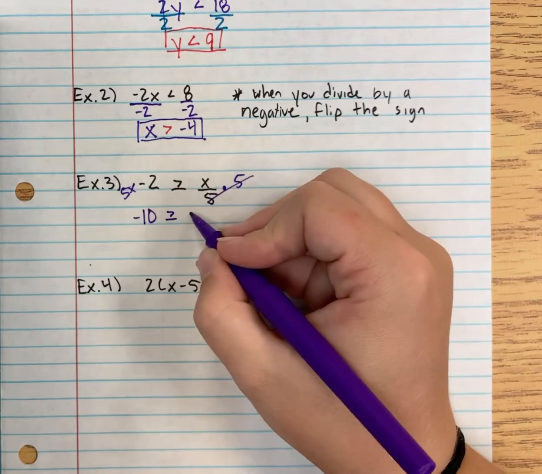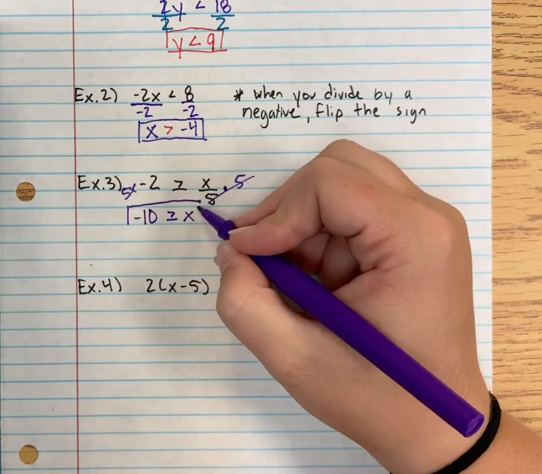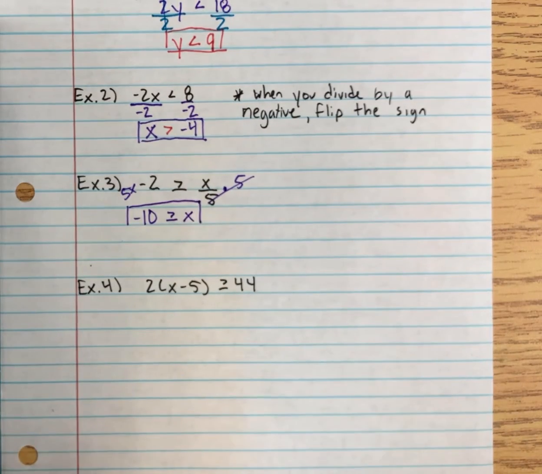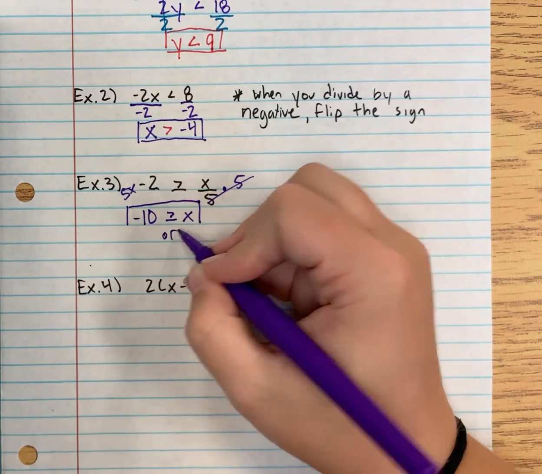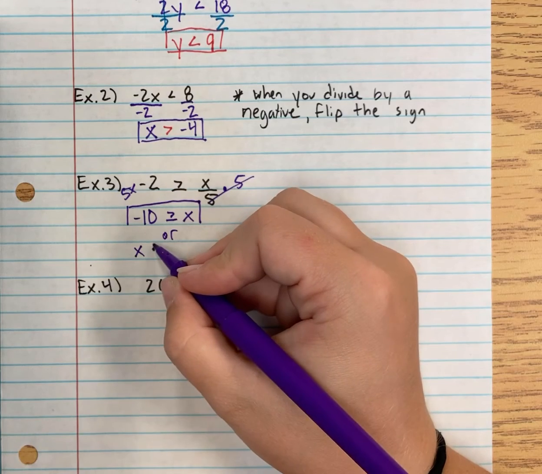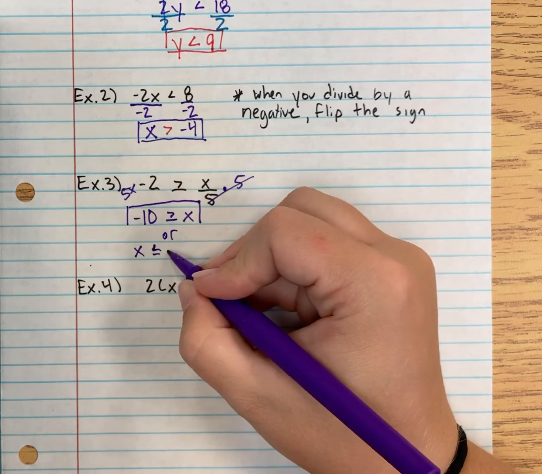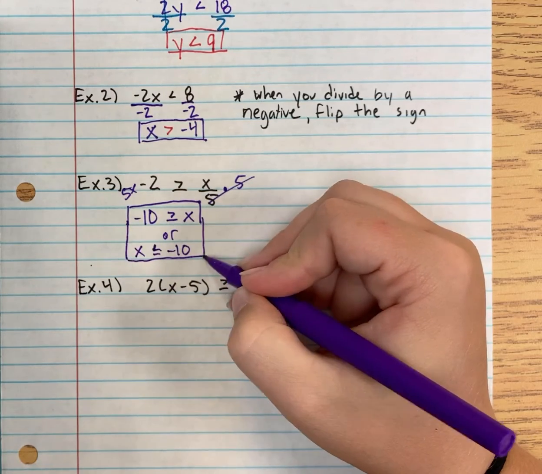These cancel, so you're just left with x. So -10 is greater than or equal to x. If you want to flip it around, you could also say x is less than or equal to -10. So you could say this either way.